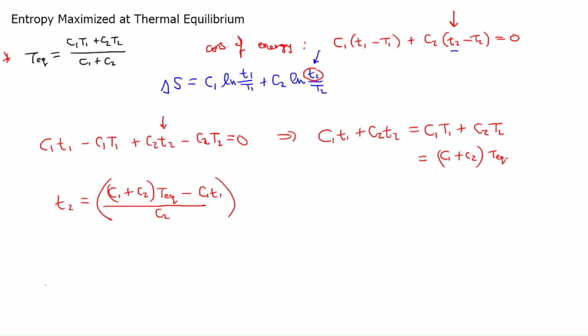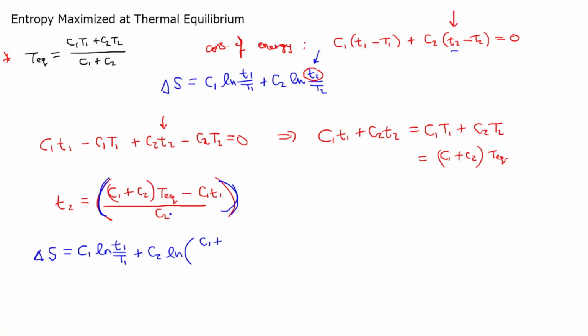So what I'm going to get is delta S equals C1 natural log of little t1 over big T1 plus C2 natural log of, when I plug all of this in for t2, all of this divided by capital T2, which is actually just going to multiply the C2 down there.